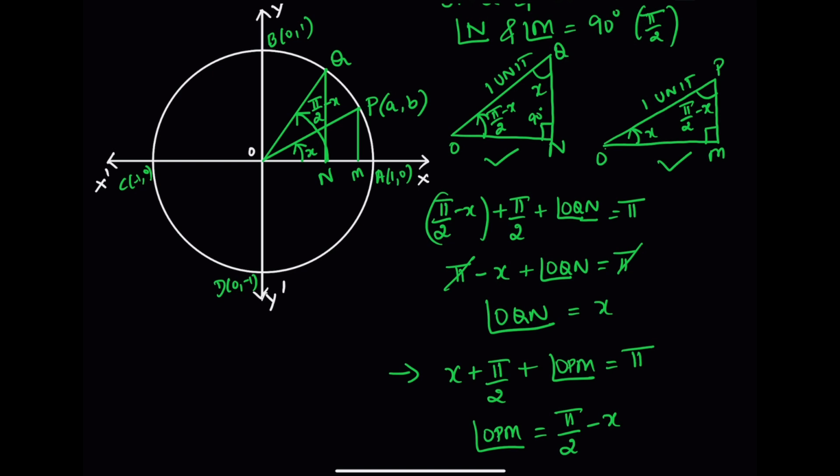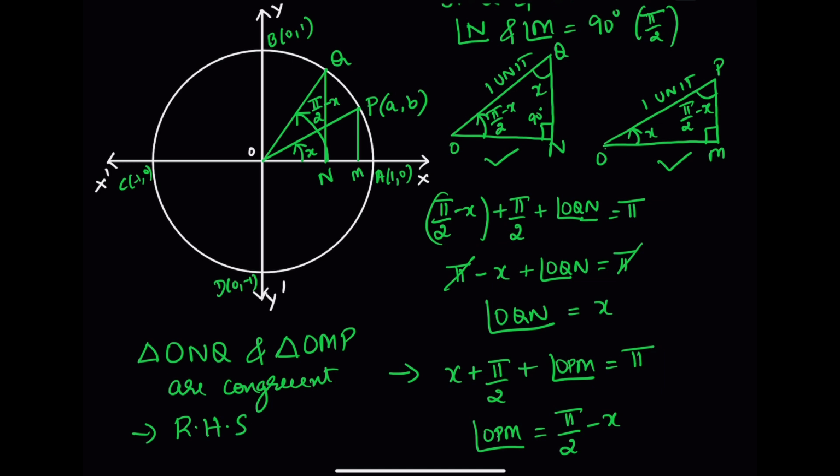So in this case, triangle ONQ and triangle OMP are congruent because of the RHS criteria.